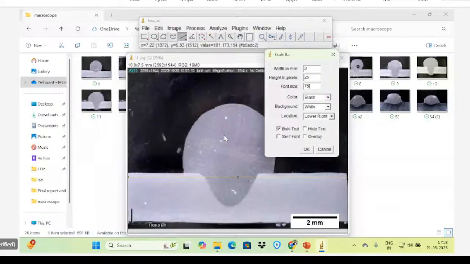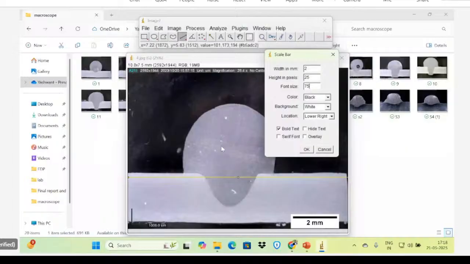And then we have to do etching. Suppose we are using aluminum alloys, this is an aluminum alloy image. So you can use Keller's reagent or Croyle's reagent. If you're using Keller's and Croyle's, then you can see the penetration depth. So this is the wire being diffused in the substrate material.